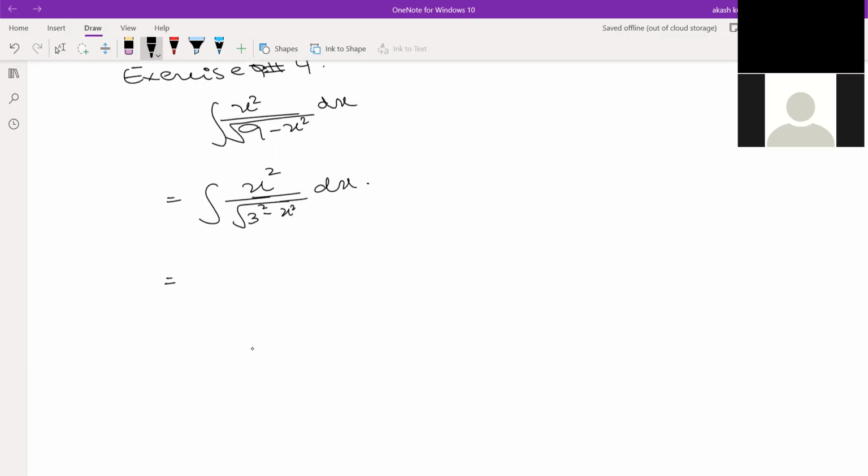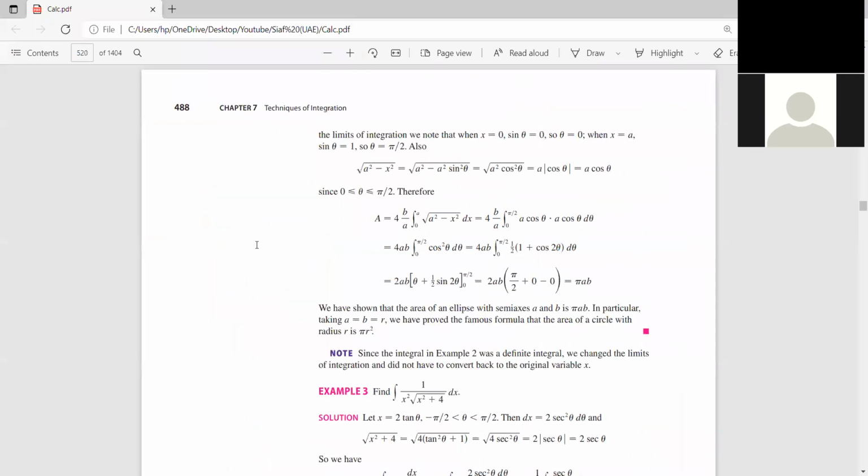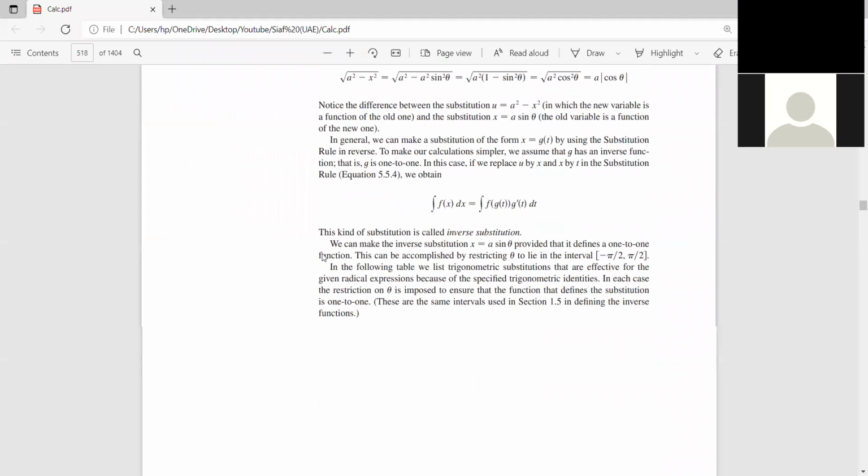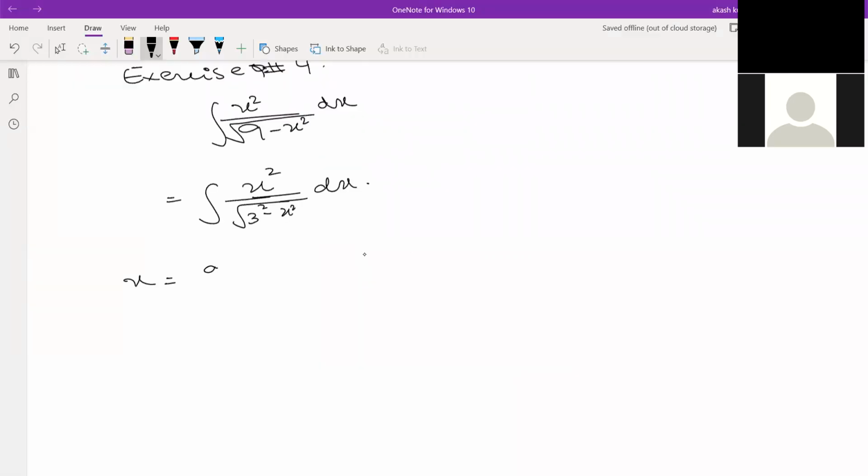The identity that I will be using for a squared minus x squared is x equals a sine theta. And my a is 3, so it becomes x equals 3 sine theta.